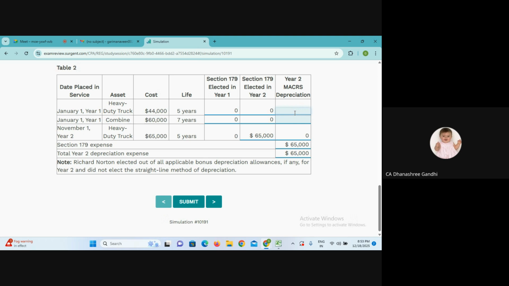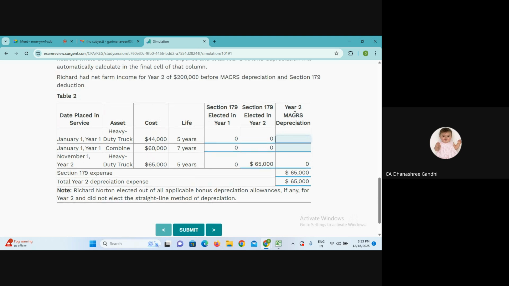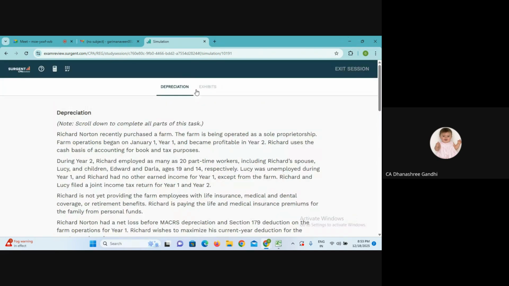Can you show us the table? Is this totally getting 100 like a depreciation rate total?